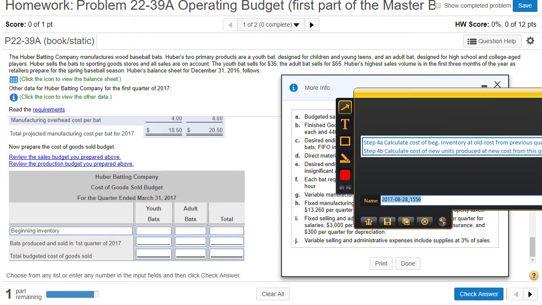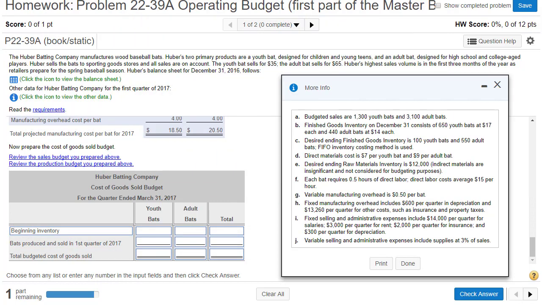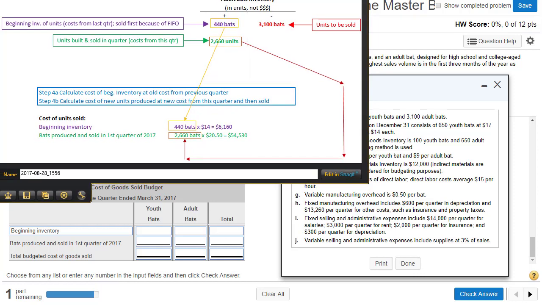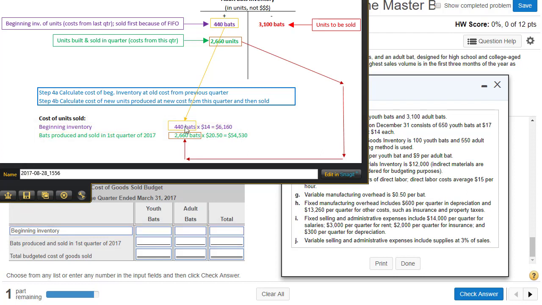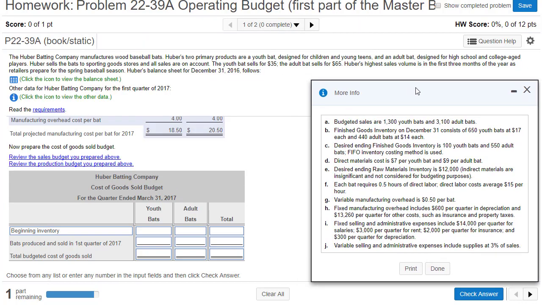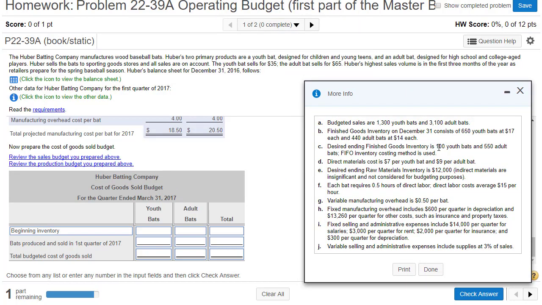So let me give you my last screenshot that shows you exactly where the numbers are coming from. This beginning inventory of adult bats, we have 440 bats. Where do we get that from? Two places. From my T account right here, but you can also get it from right here, 440 bats.